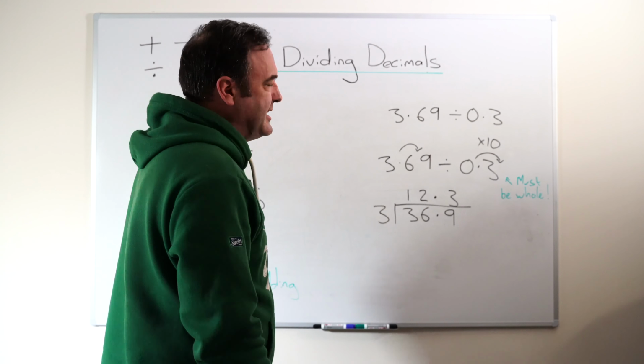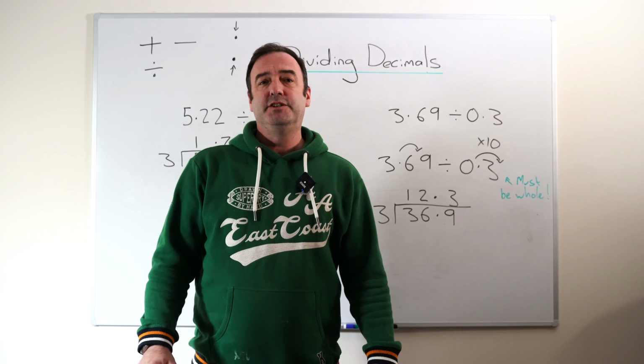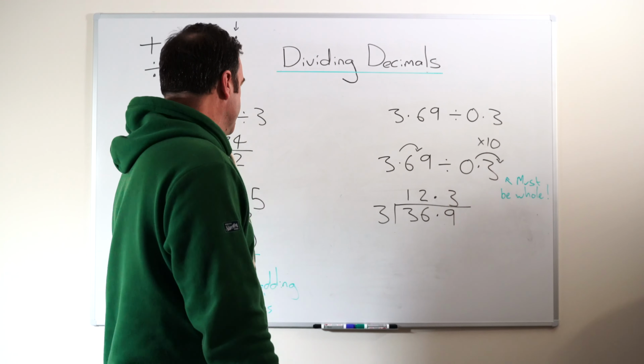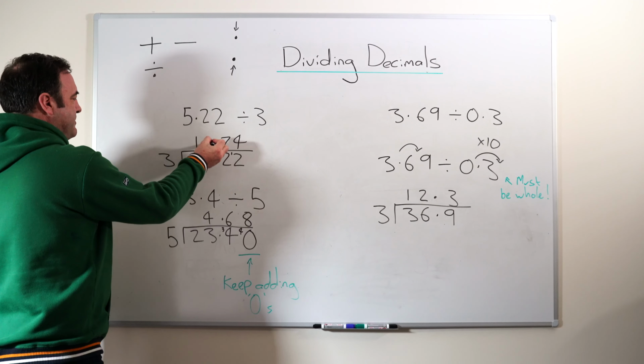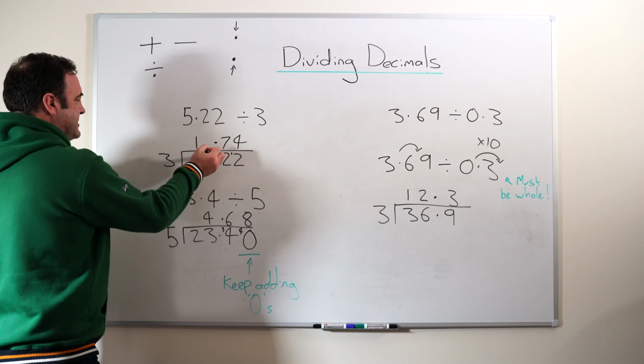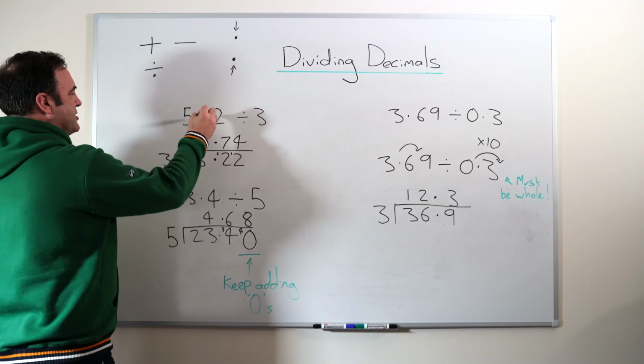Doing this with decimals is exactly the same as the normal bus stop division method that children get taught at school. So there's nothing to fear here. The only addition really is the decimal points must appear above each other in the answer and the question. So we've got 5.22.